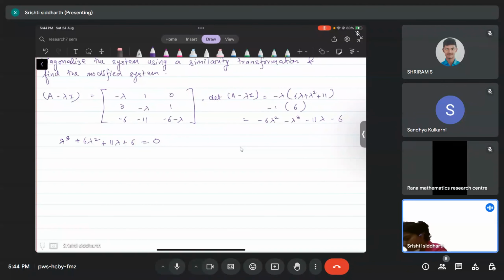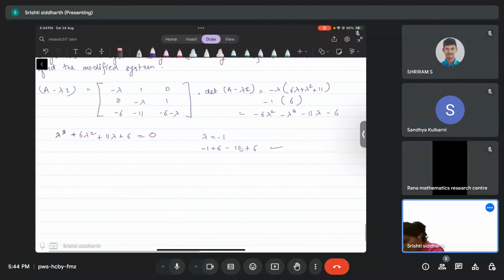Okay, so let's find out. For lambda equals minus 1, we have minus 1 plus 6 minus 11 plus 6, which is zero. So one of the factors is lambda plus 1. Let's work out the rest of them.